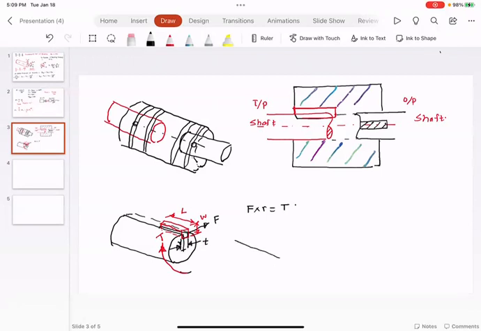So I'll show you again. This is the key. I'm just showing you the key. This is the length of the key. This is the thickness of the key. And this is the width of the key.